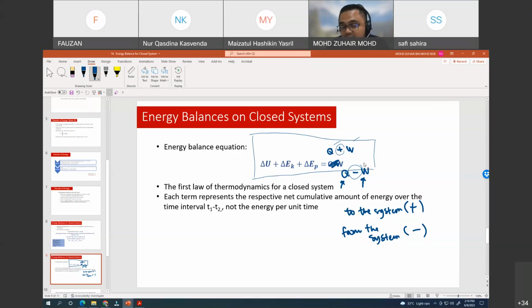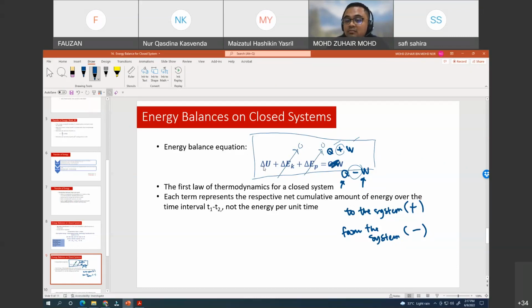You need to list down this first, and then you determine which one can be neglected. Most of the time for the closed system, if the question did not mention anything about the height or about the velocity, then we can assume that the kinetic energy and the potential energy will be equal to zero. So for the closed system, it is more straightforward compared to the open system.